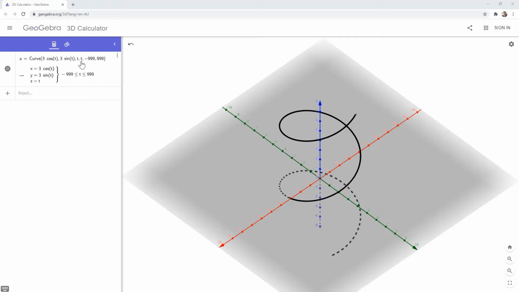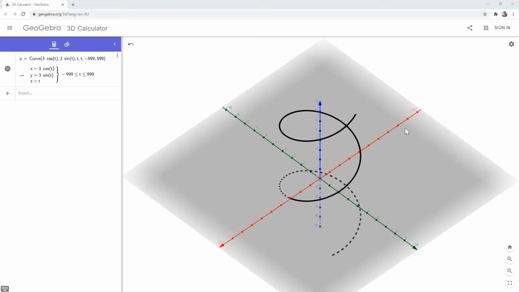Then you had to tell GeoGebra the parameter, in this case t, and just because I could, I picked really wide boundaries for t. If I was doing this manually, I'd probably stop at something like negative pi and pi. But just because it's no extra effort, I went for some really wide boundaries. And this is the result.